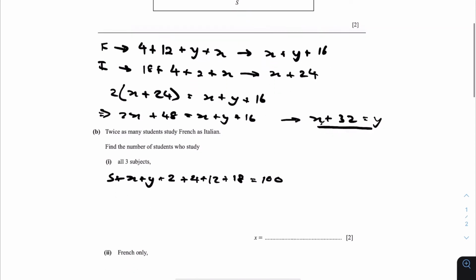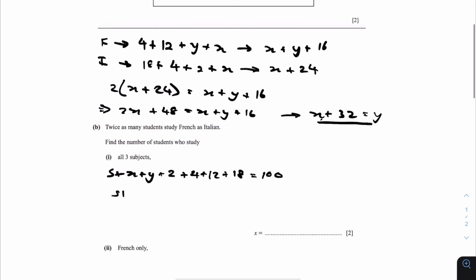So S plus X plus Y is equal to, 2 plus 4 is 6, 6 plus 12 is 18, 18 plus 18 is 36, so 100 minus 36 should be equal to 64. And that means that S plus Y equals 64 minus X.